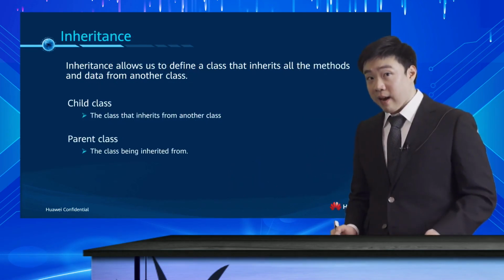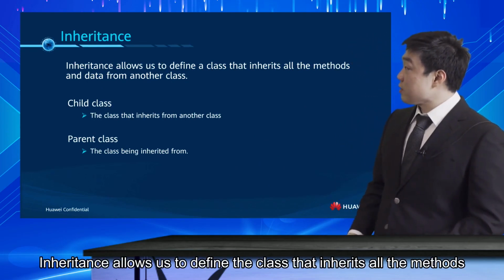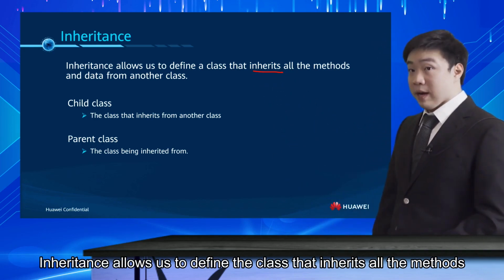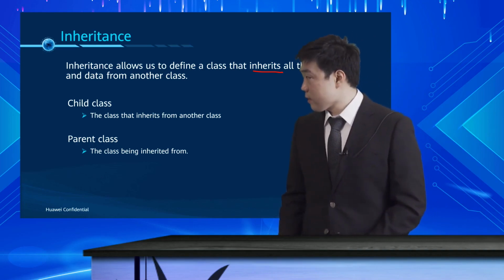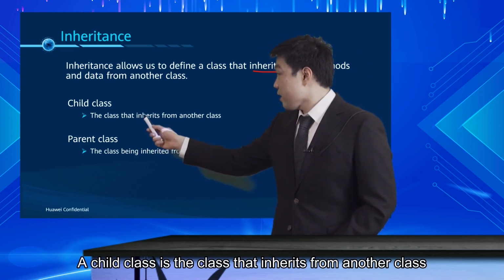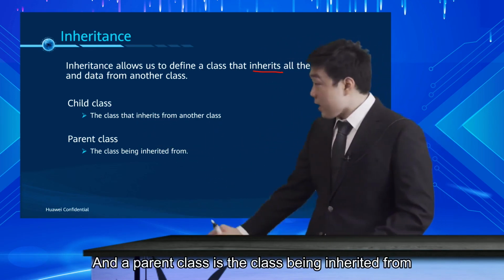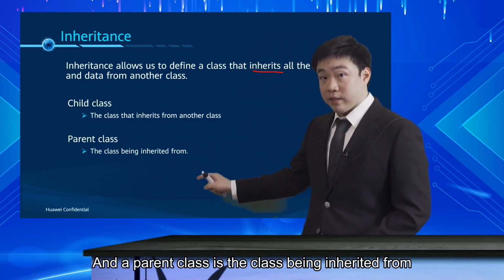Now, let's see inheritance. Inheritance allows us to define a class that inherits all the methods and data from another class. The child class is the class that inherits from another class, and the parent class is the class being inherited from.